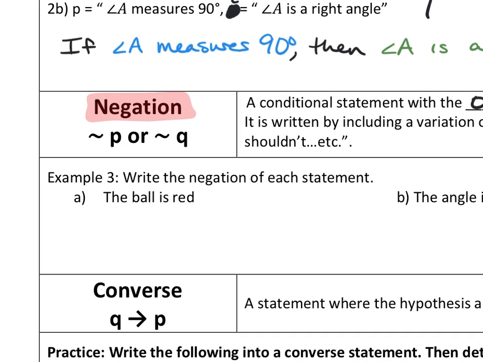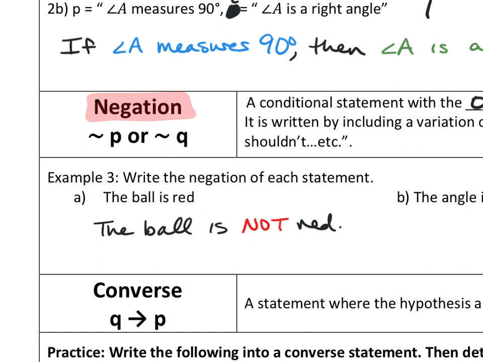So if I want you to negate "the ball is red," what would you say? Yeah, the ball is not red. That's a negation. We're just saying not. Negation is a not.